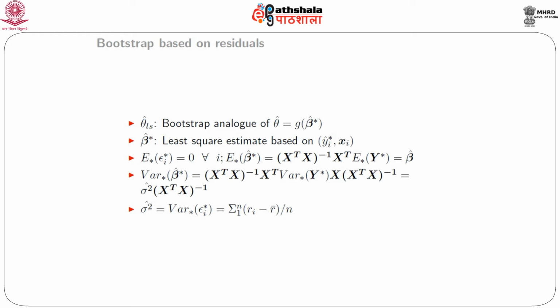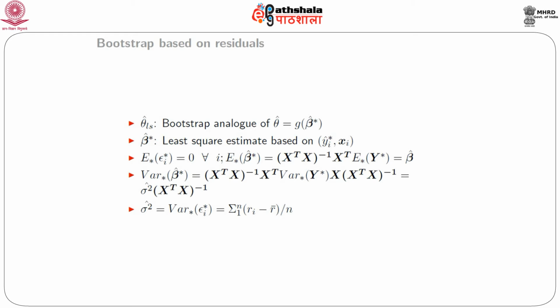Now, expectation of y star can be written as expectation of X beta hat plus epsilon star, and that is nothing but X beta hat, since expectation of epsilon_i star is 0. So, that is nothing but beta hat only. So, here expectation of beta hat star is equal to beta hat.